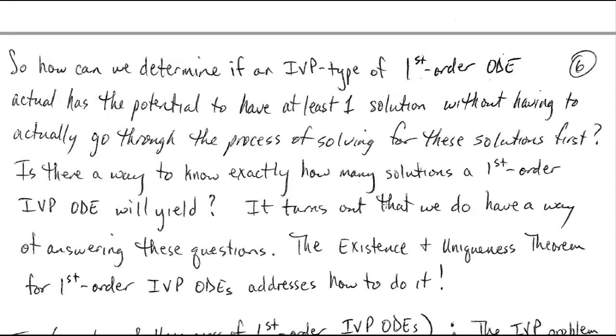Notice, in order for us to figure out if we had any solutions and how many, we've gone through a whole process. But there is a way to know, if we're looking at a first order initial value type of ODE, whether we're going to have at least one solution before we even begin trying to solve for it.